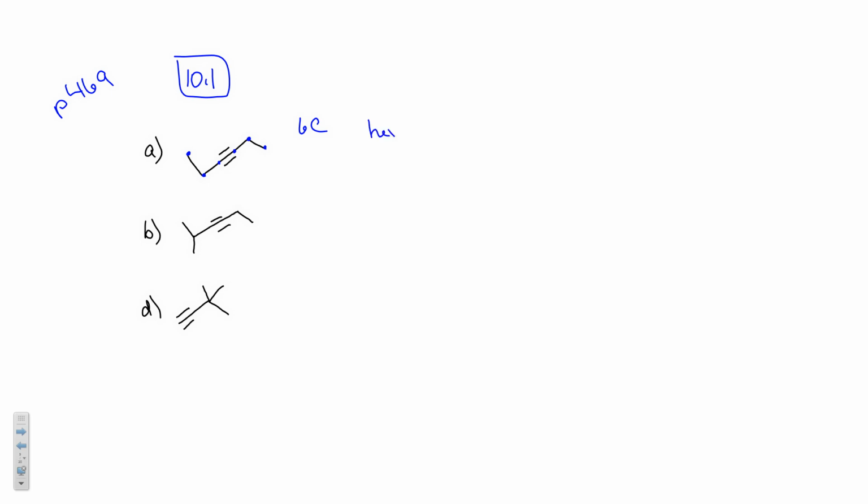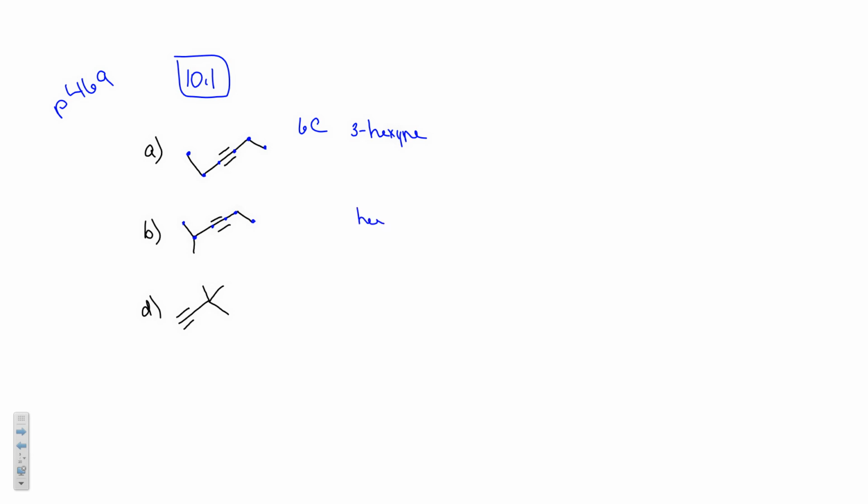That makes this hexyne. And the triple bond is on carbon 3, so it will be 3-hexyne for the first one. 1, 2, 3, 4, 6.